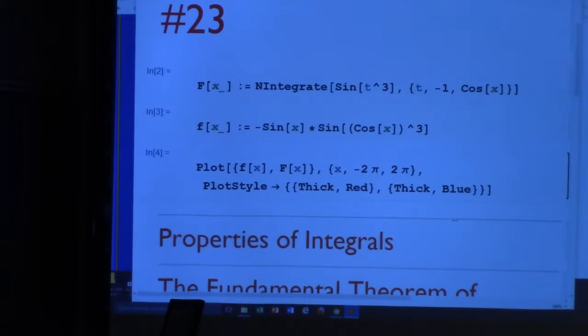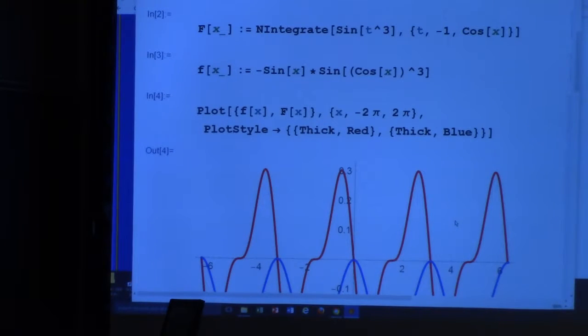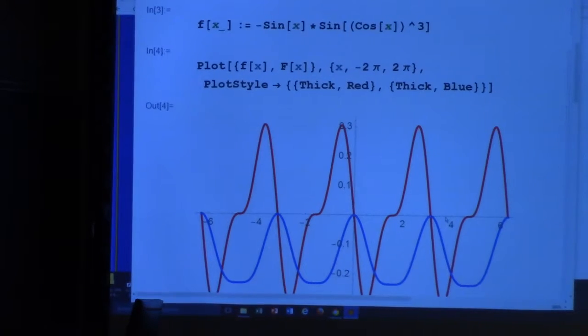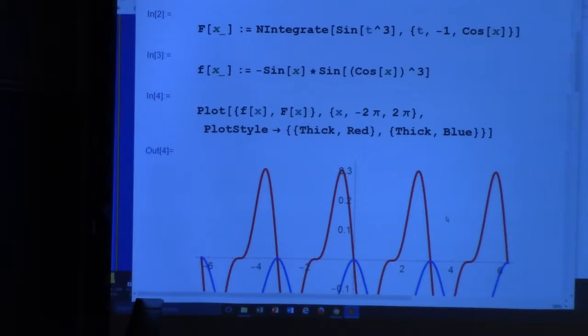It takes a little bit of time to draw it because it's doing a lot of numerical integrations there. There we go. I guess it wasn't too strange. So the original function there, capital F, that is in blue.